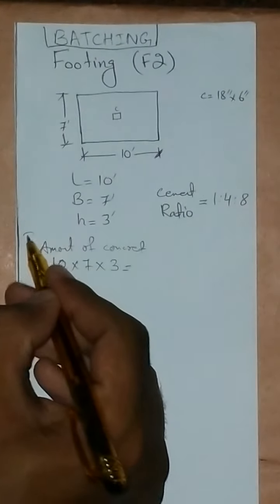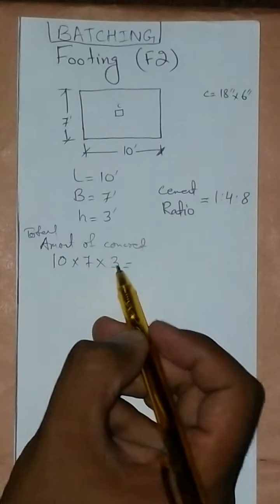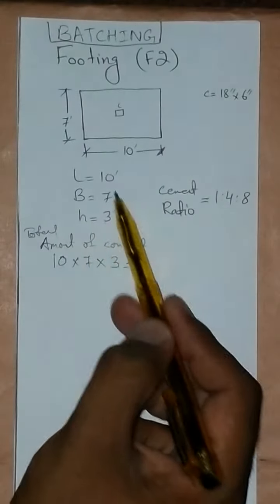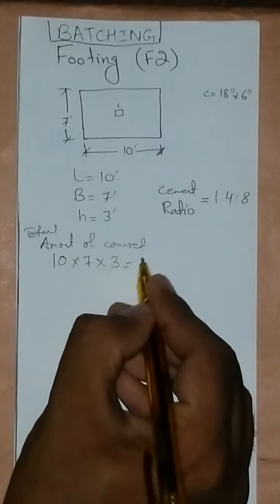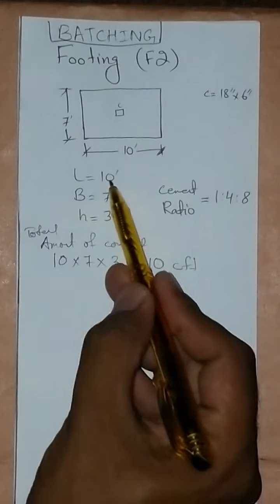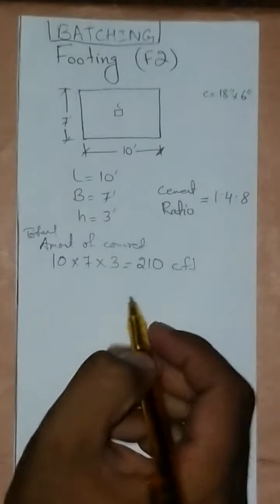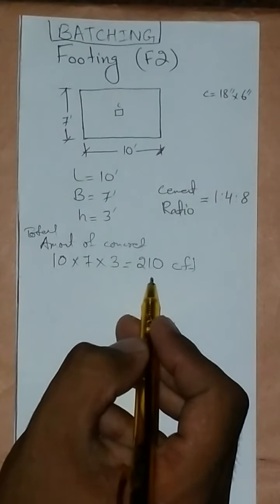Now the total amount of concrete will be 10 feet by 7 feet by 3 feet. Taking all of these dimensions, it will be 210 cubic feet. Feet by feet by feet will be cubic feet. Now this is wet concrete.